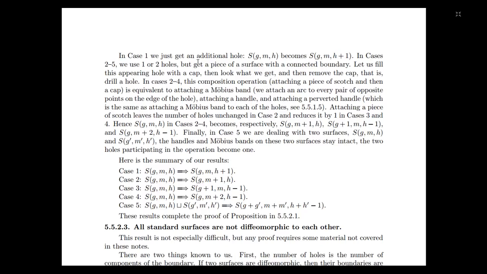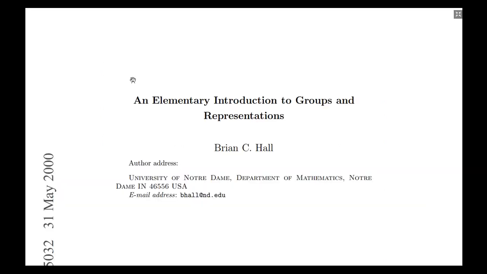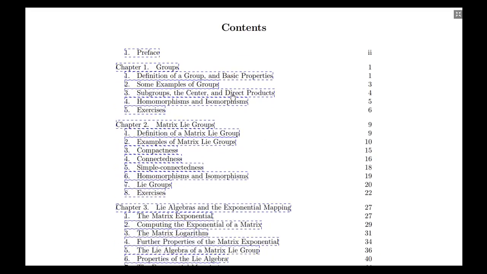The next resource is An Elementary Introduction to Groups and Representations by Brian Hall. Let's have a look at the subjects in this paper. It starts with the group and examples, subgroup, direct product, homomorphism and isomorphism.